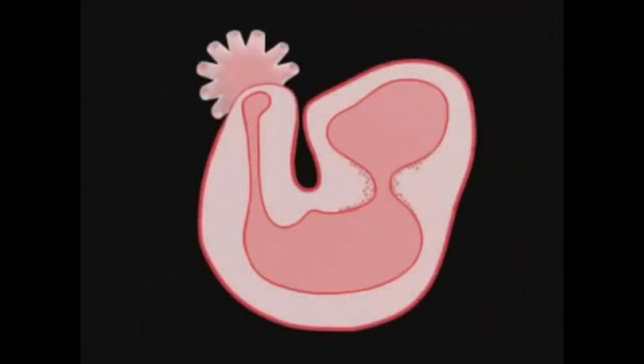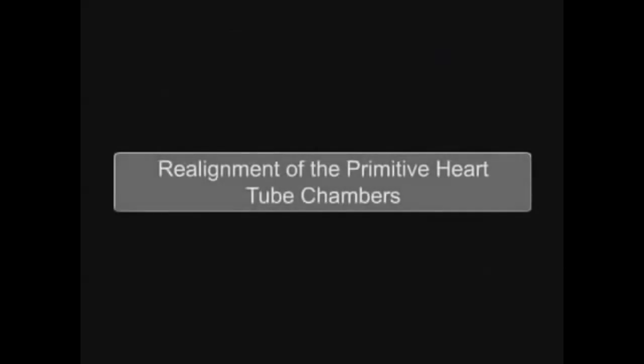So around the atrioventricular canal we can now see the special tissue which provides narrowing of the atrioventricular canal.